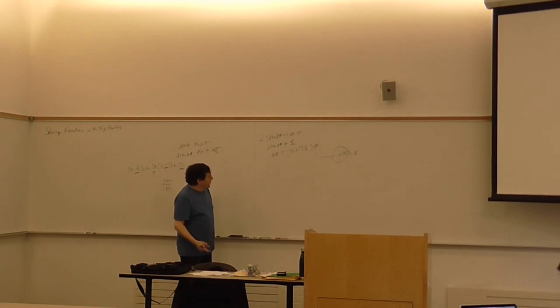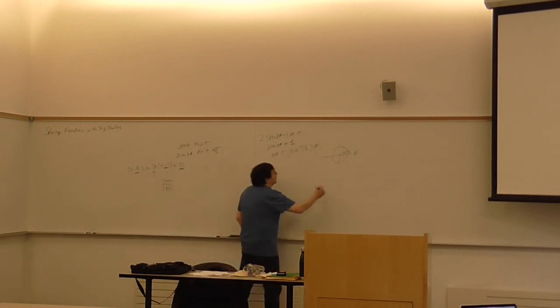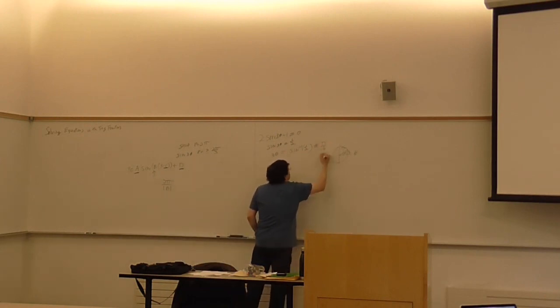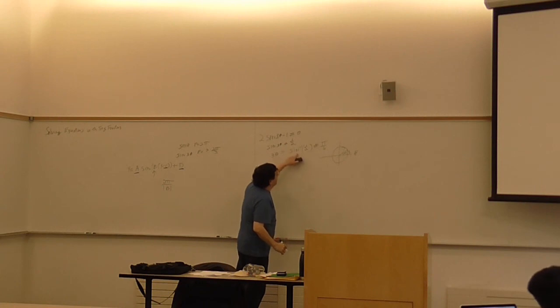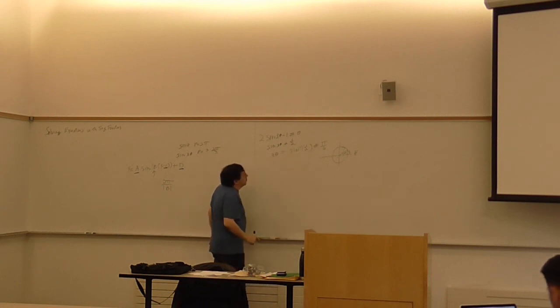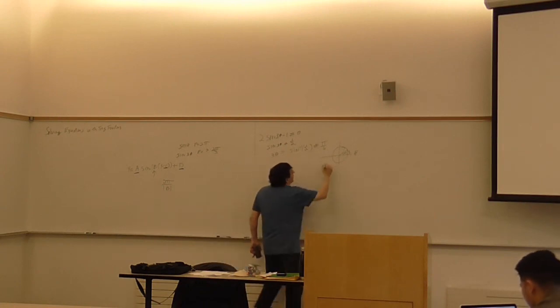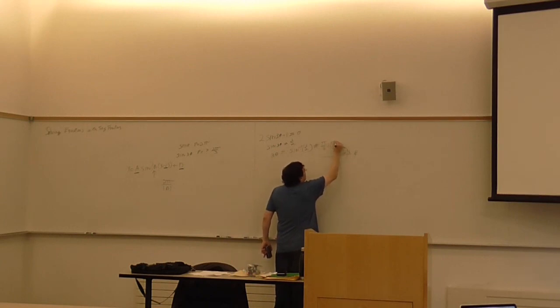All right, so it's tempting at this point, with pi over 6, to say, wait a minute, there's another solution for sine. The other solution would be 5 pi over 6.